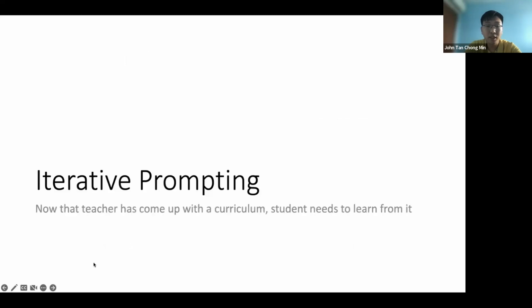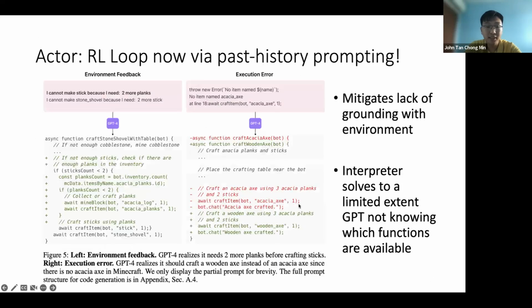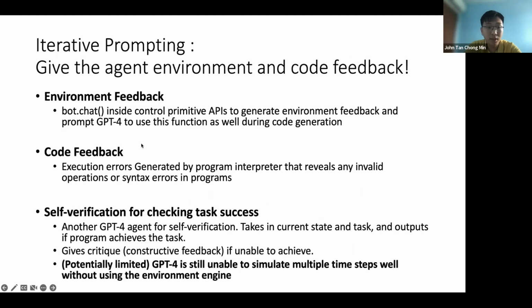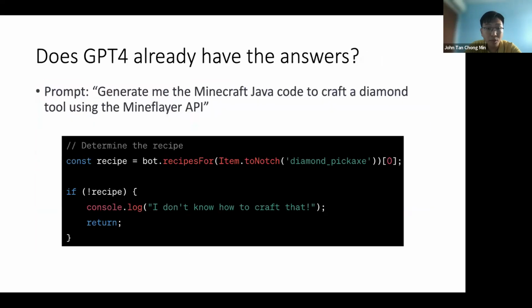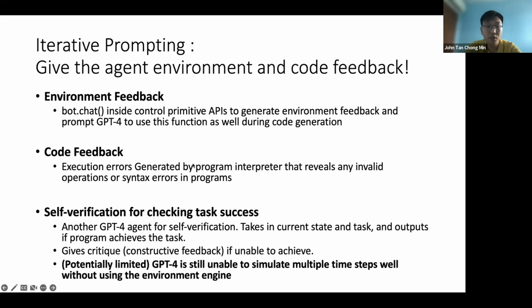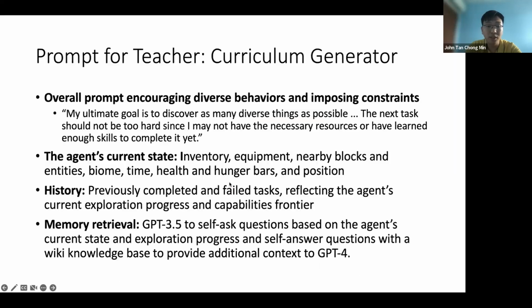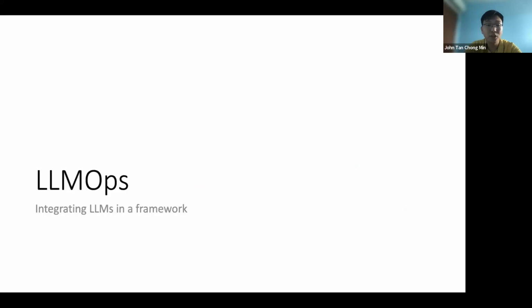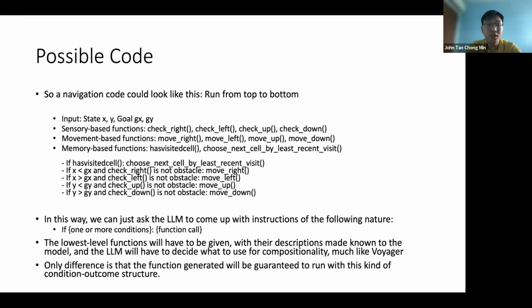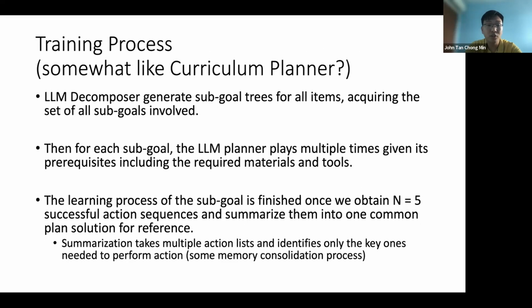In terms of coming up with the task itself, you can take a look at the prompt. I think in this case the prompt here doesn't have the wiki, if I'm not wrong. If you talk about the code generation here, this may not have the wiki. But for the task generation here, this has the wiki. So you might be right: in Voyager, they may not have the wiki to guide the action generation for the student process.